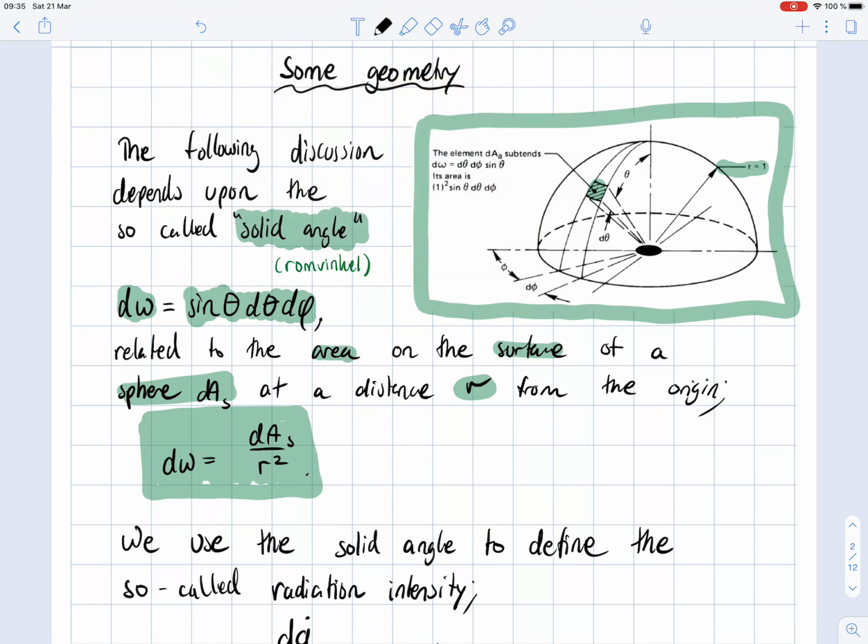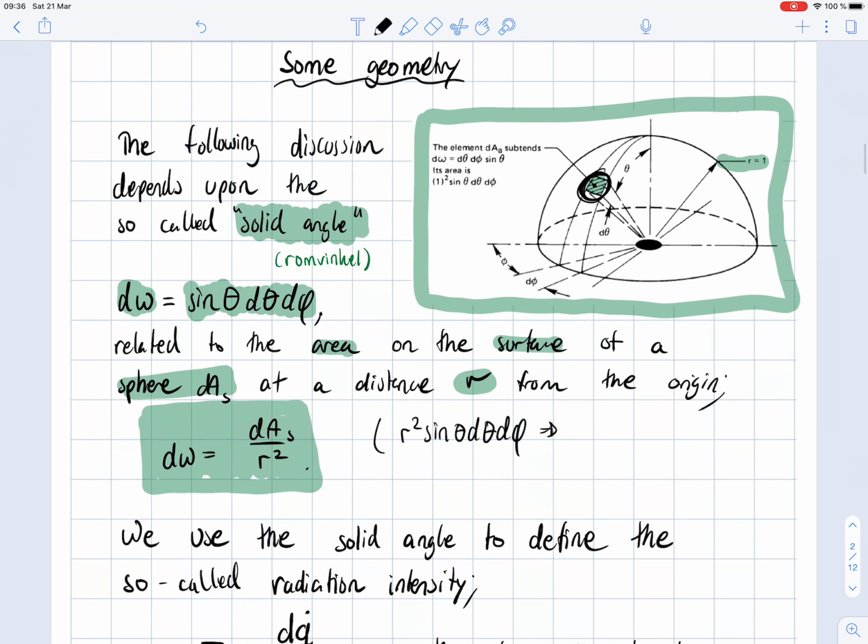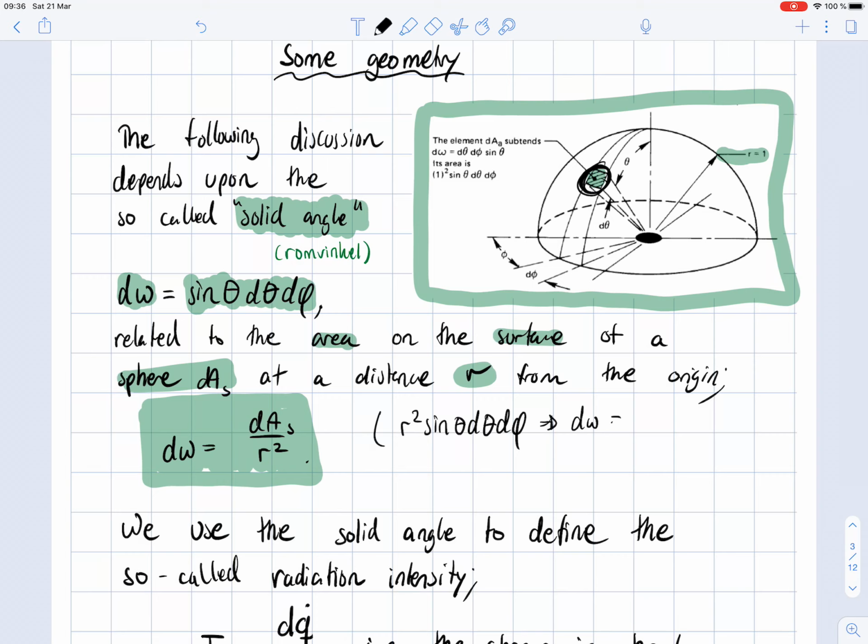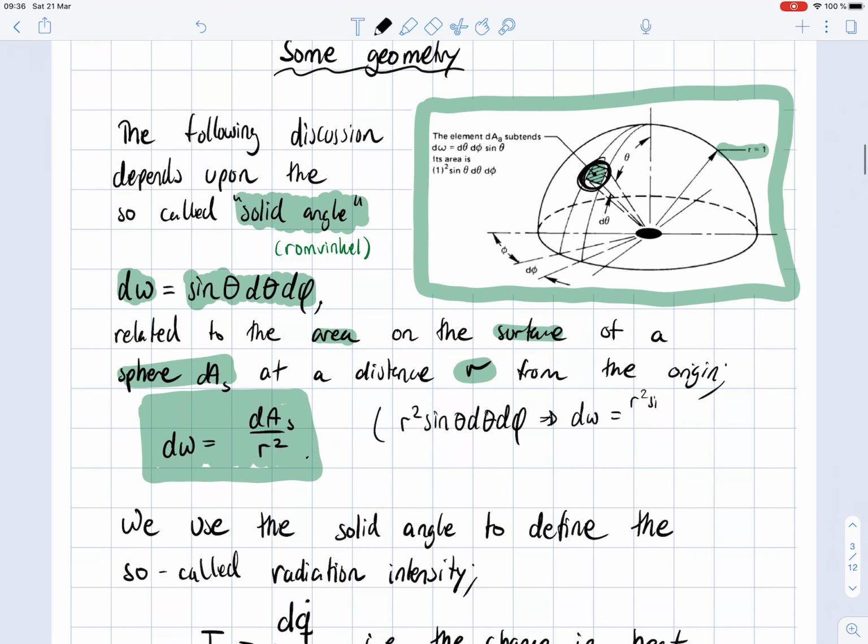As you may remember from calculus, the area on this sphere is actually r squared sine theta d theta d phi. Maybe you remember it, maybe you don't, doesn't matter. But then it is clear that if you put this into the definition, r squared sine theta d theta d phi, and you divide by r squared, you get exactly this expression that we have here.